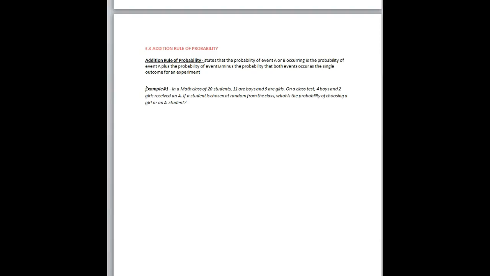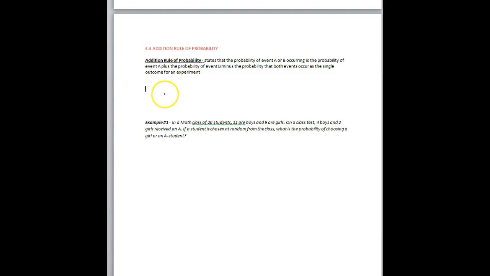Essentially, when you add those first two probabilities, the probability of event A and then the probability of event B, you end up double counting the spot where they overlap. So the last part, where you're minusing off the probability that both events occur as a single outcome of the experiment, is where you minus off that second overlap so that you have counted it one time.